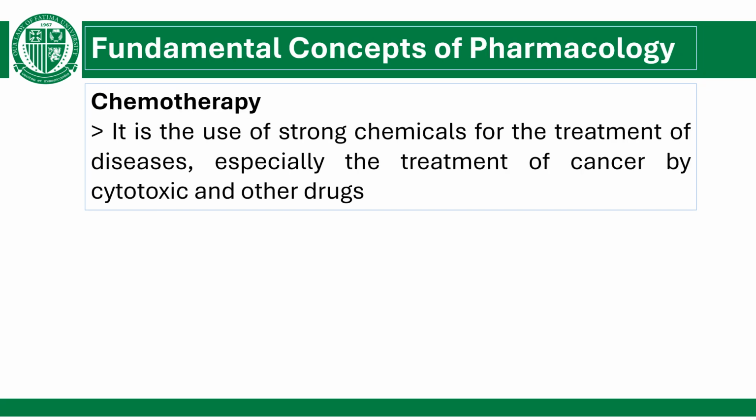Chemotherapy, on the other hand, is the use of strong chemicals. We use these types of chemicals for our body so as to remove or eliminate and possibly to rule out cancer, a very strong type of illness in the body.